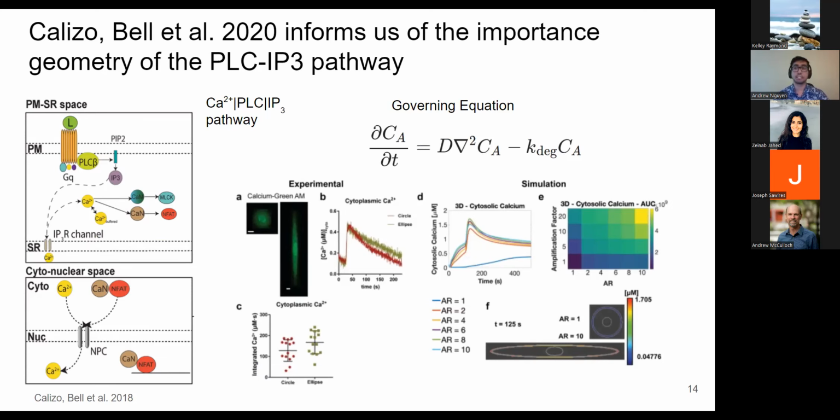And essentially they're looking at these cardiomyocytes and modeling transient IP3 in cardiomyocytes. But the difference between that and this model is that they actually have inclusion of the endoplasmic reticulum. So it's a little bit more of a complete pathway, essentially creating that positive feedback loop between IP3 and calcium.